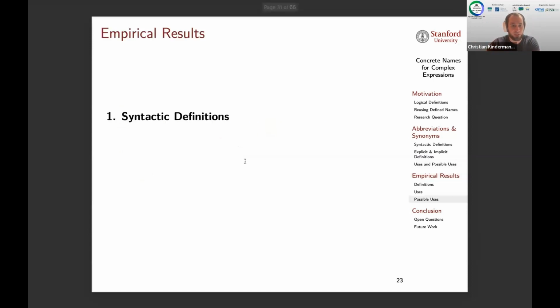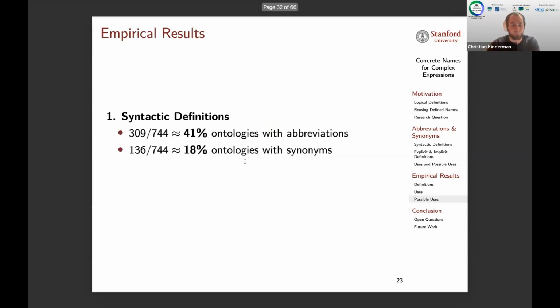So let's do that. Let's just look at the number of syntactic definitions in ontologies. And what I found here is that, all right, so first I need to tell you where I get my ontologies from, of course. I went online and I just downloaded all ontologies that are indexed in BioPortal. And I included all ontologies in my experimental corpus that I could process with the OWL API.